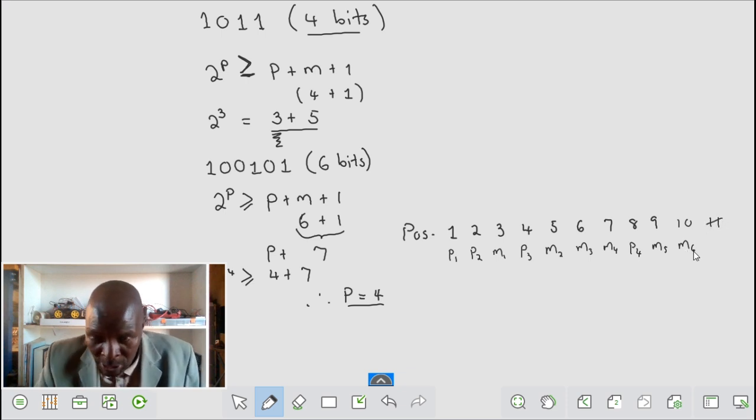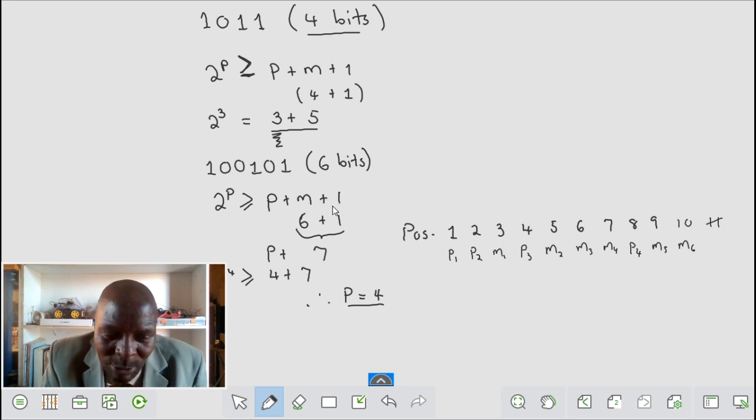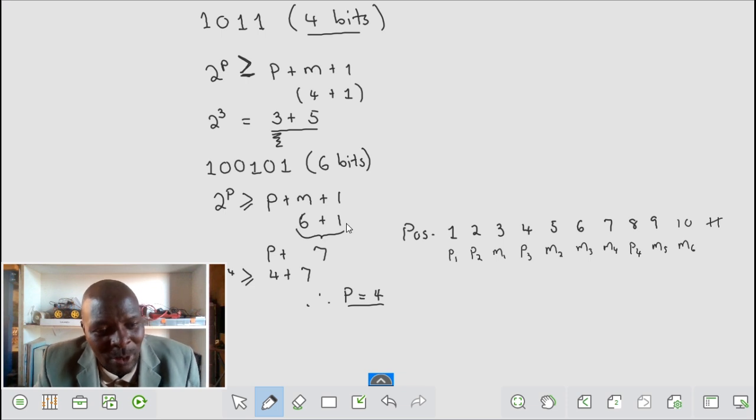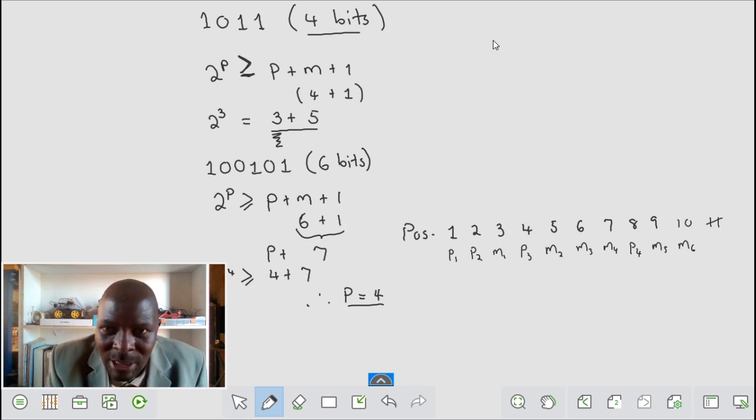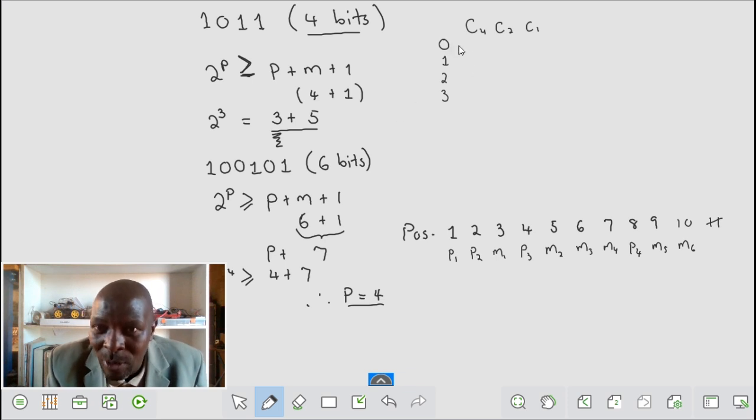All right. So now, why do we have the 1? The 1 is because in our checking, it's possible to have our count being 0. When we are doing the C's, C4, C2, C1, the counting doesn't start at 1, 2, 3. Our counting starts at 0. Now, what is this 0?